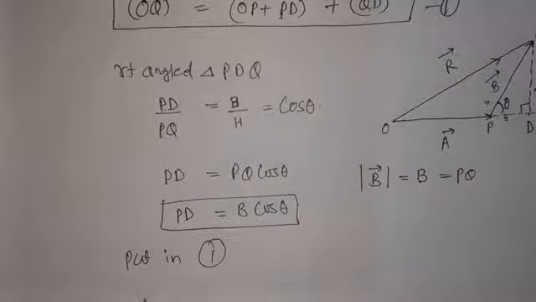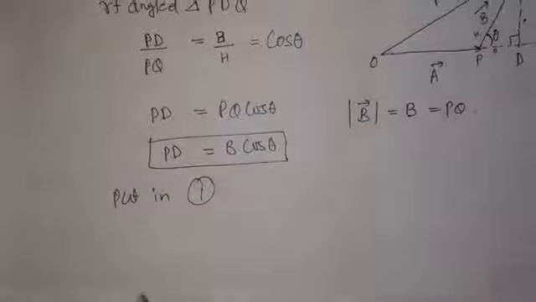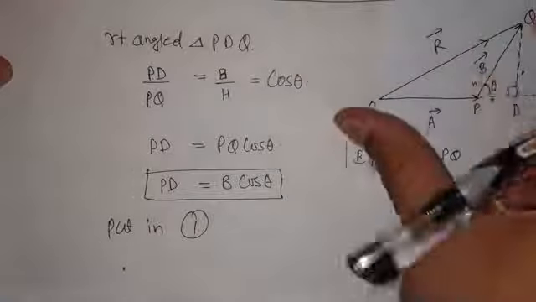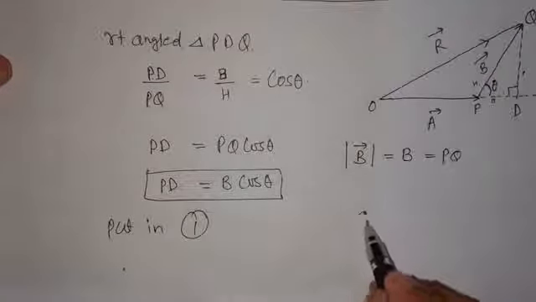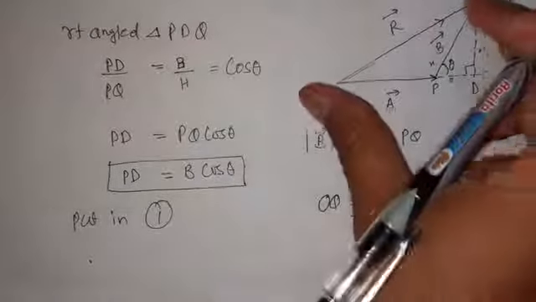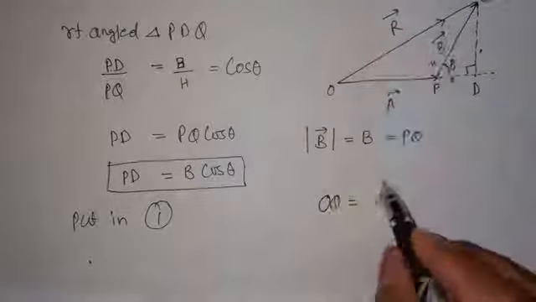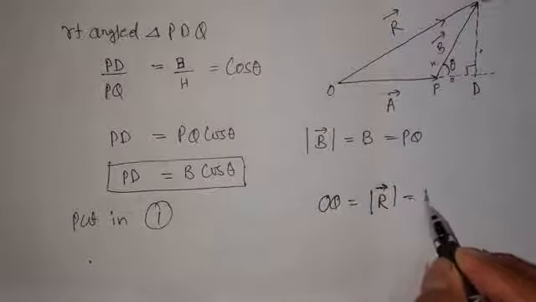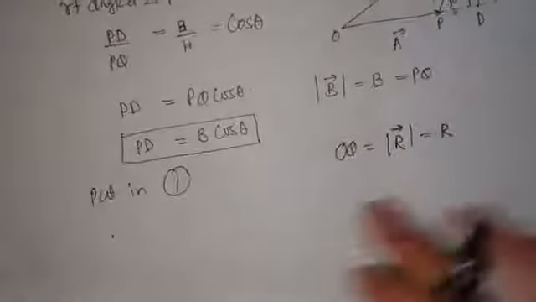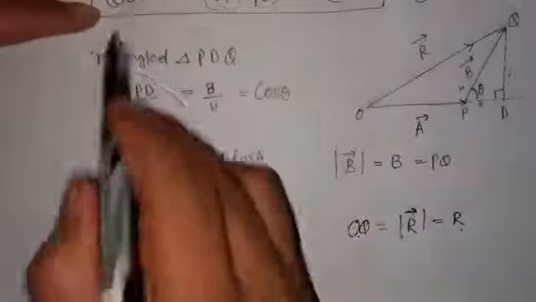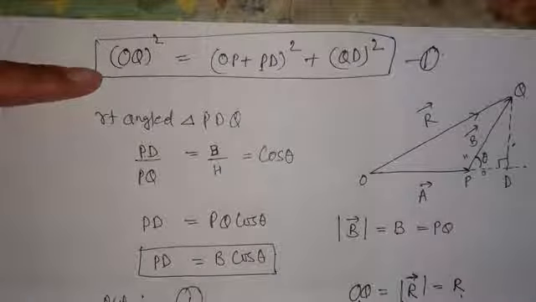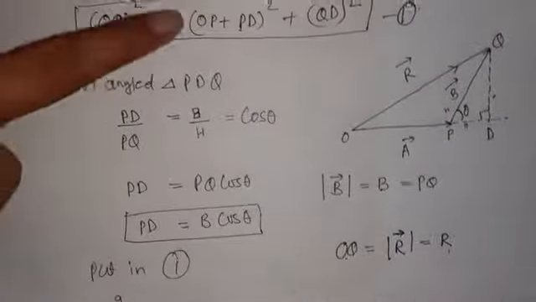We get OQ square. OQ is the length of the third side, so we need the magnitude of this third vector, which we find by taking the mod. So OQ is R, and R square is equal to OP.